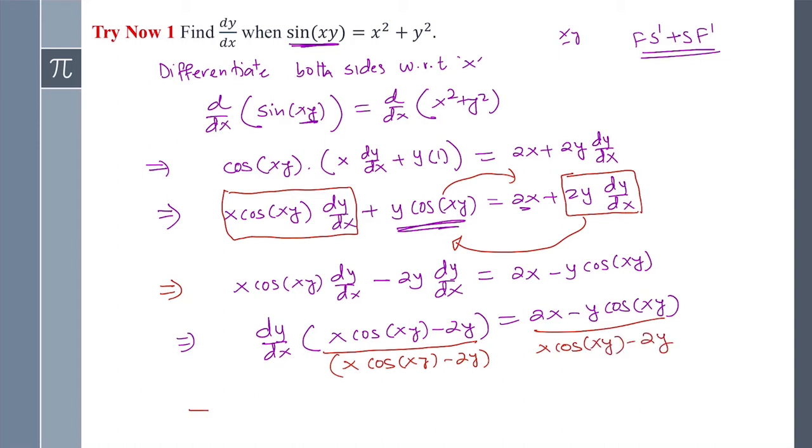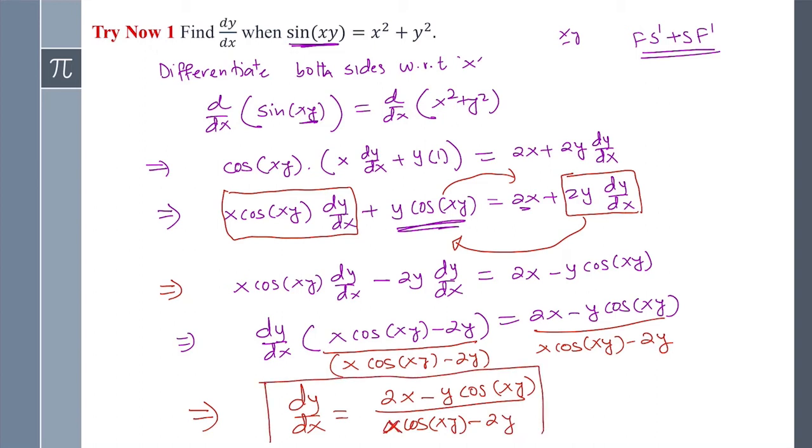So the final answer is dy over dx equals 2x minus y cosine of xy, divided by x cosine of xy minus 2y. So that is the final derivative for that given relation.